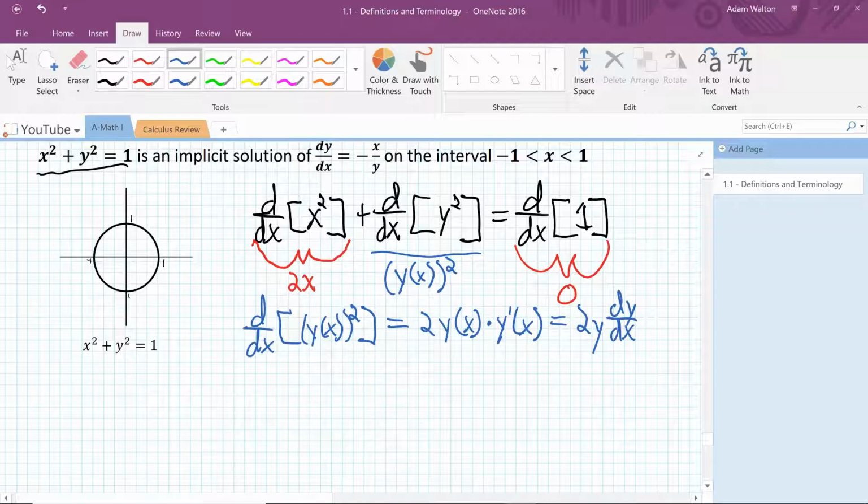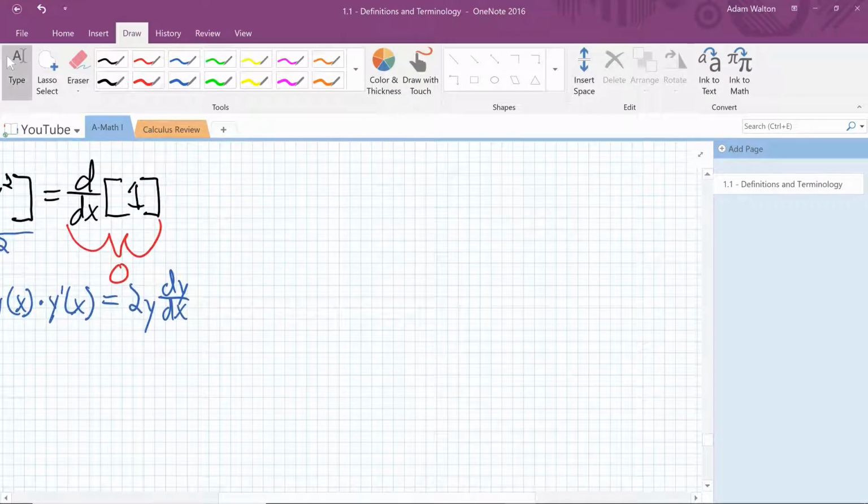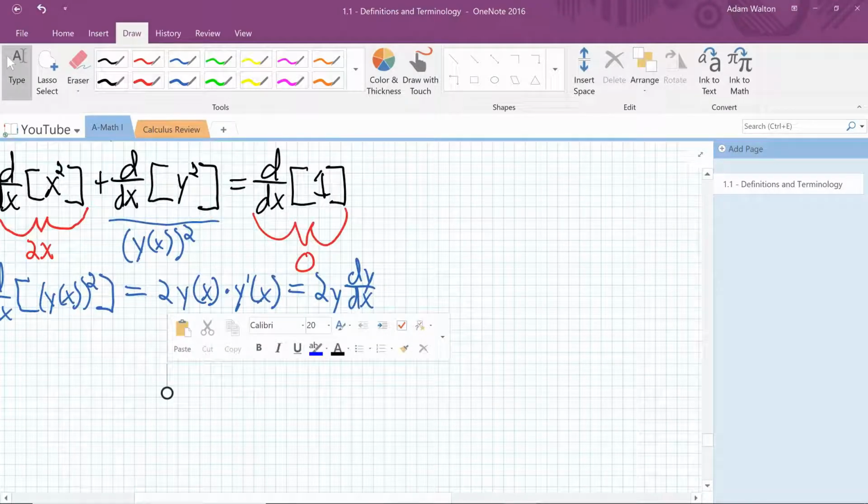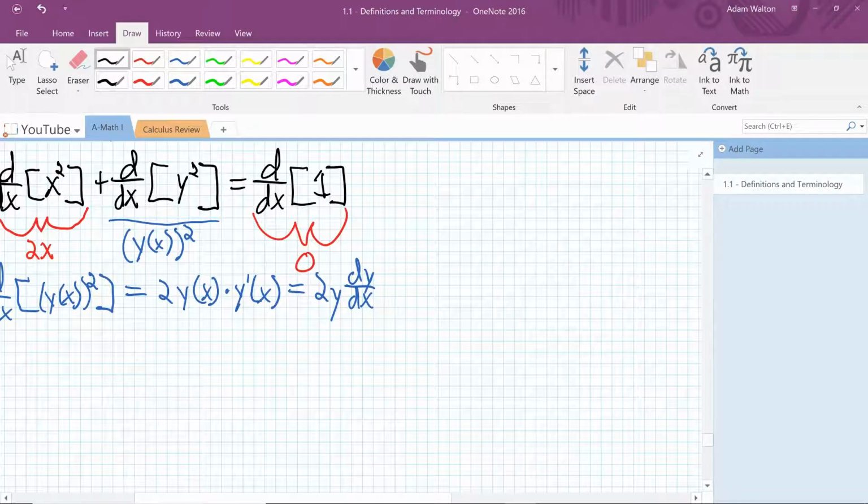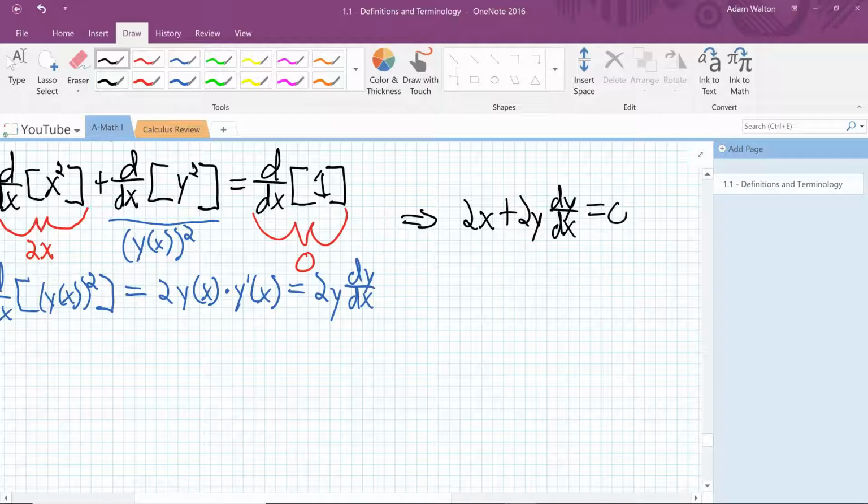Alright, so then that means we have 2x plus 2y dy/dx is equal to 0. Let's subtract 2x from both sides.